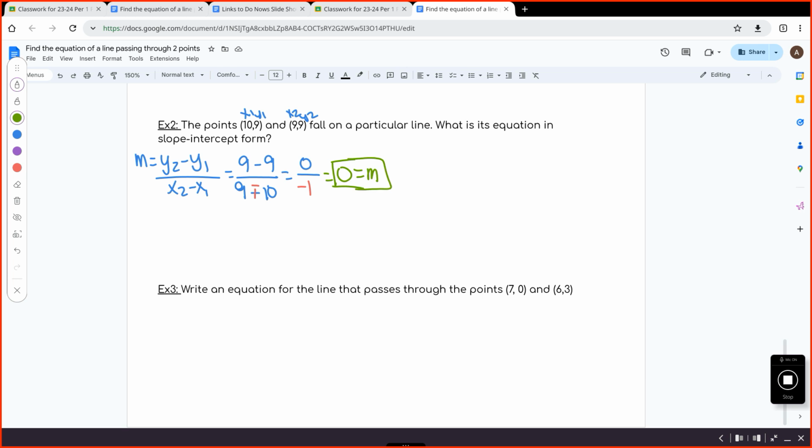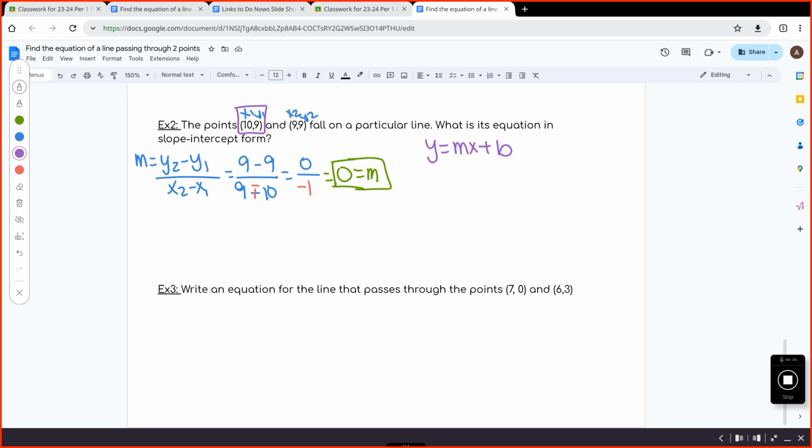All right, so we got one piece of our equation down. Next, we're going to start with y equals mx plus b, and we're going to plug in one of the points. Pick one point. I am going to use this one just because it is the first one.